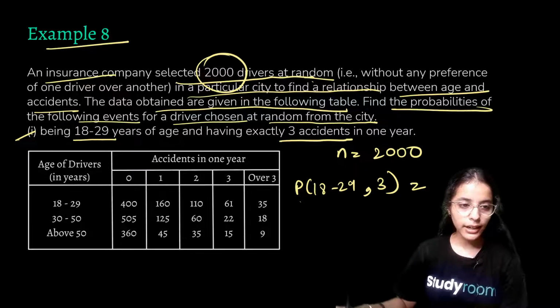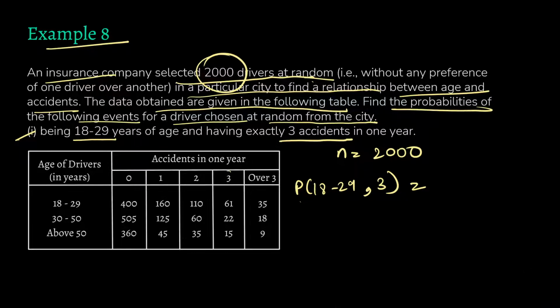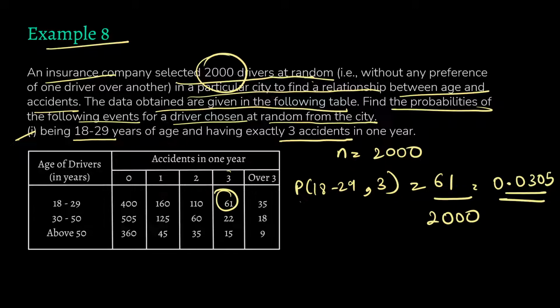So in the bracket of 18 to 29 and exactly 3, we have 61 over here. So 61 divided by 2,000, right? And we'll get our answer to be 0.0305, right? So this is how we found the probability that a person would be 18 to 29 years of age and would have had 3 accidents.